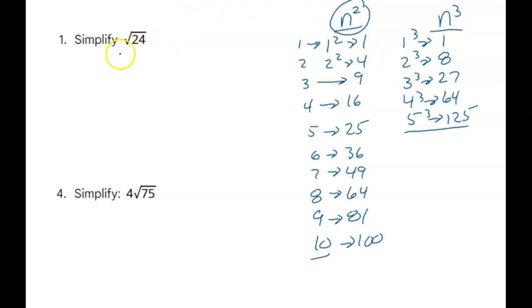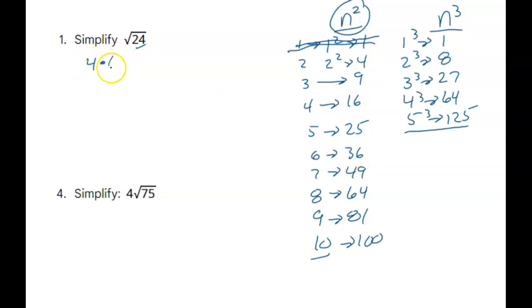So simplifying a perfect square, perfect cube, is just a matter of factoring. Factoring, you'll take a number that you have underneath the radical sign and break it up into its multiples. So what multiplies give you 24? And it has to come from this list here. Again, we're not going to consider 1 because 1 doesn't do anything special. So you're looking for the biggest number that divides into 24, and that is 4.